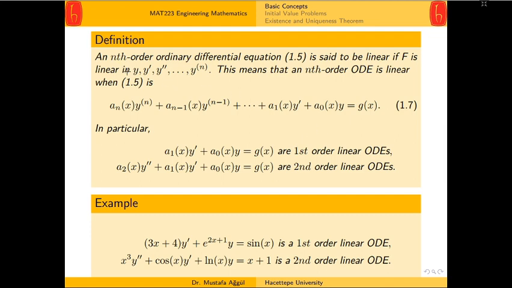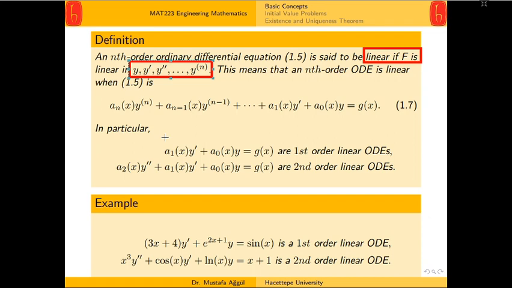Okay, an nth order ordinary differential equation is said to be linear if f is linear in all of these terms. These terms are y, y prime, y double prime, and all the derivatives of y.